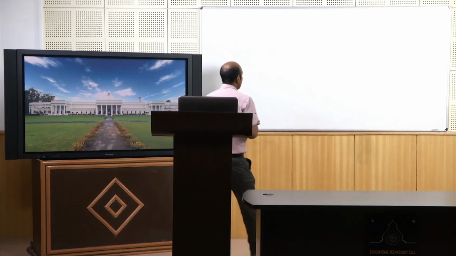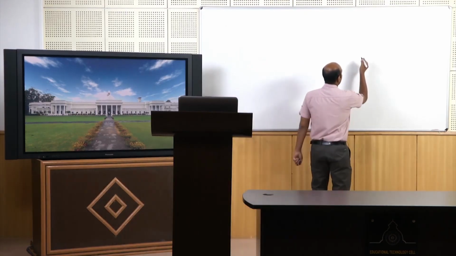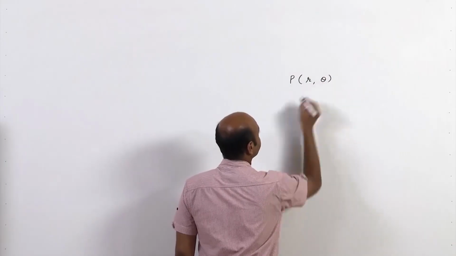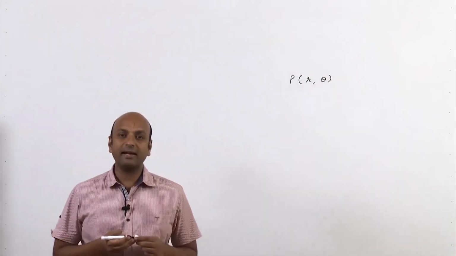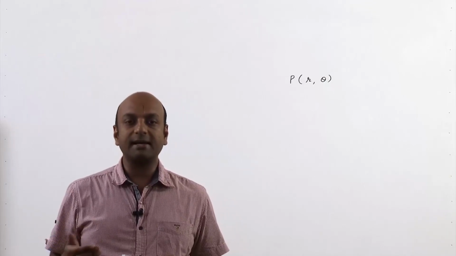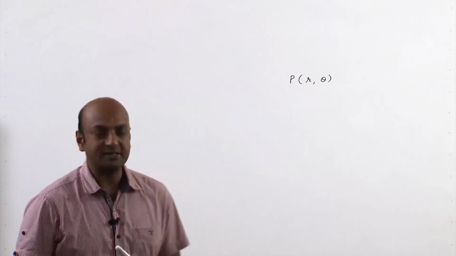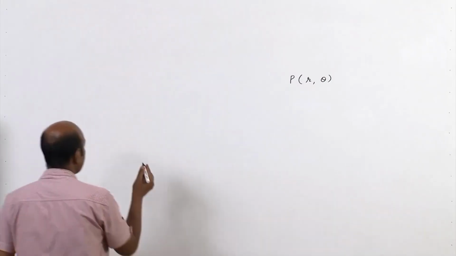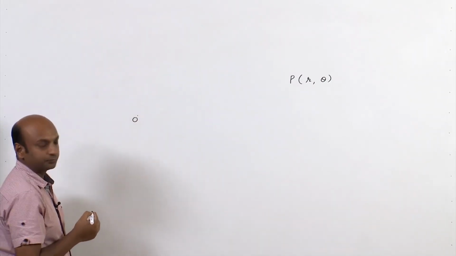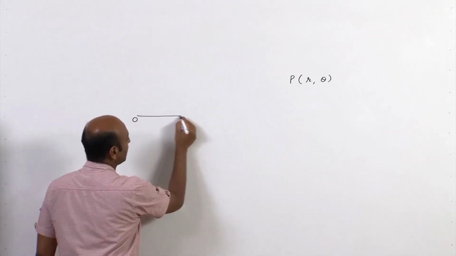You see, in polar curve we denote a point by r comma theta. In Cartesian curve we take it as x comma y. In polar curve we take it as r comma theta. What does it represent? You first fix a point O which we call the pole. Then take an initial line.